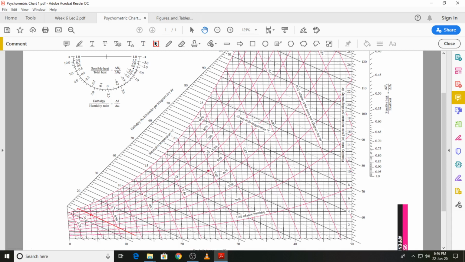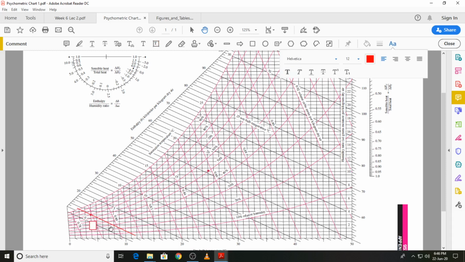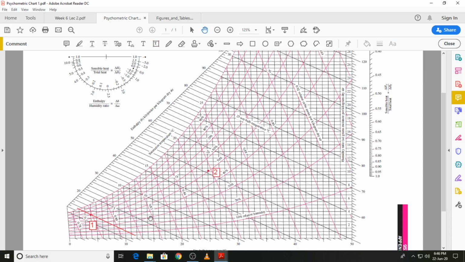So this will be state 1 over here, and we have state 2 over here. And state 3 will lie on a straight line connecting states 1 and 2.